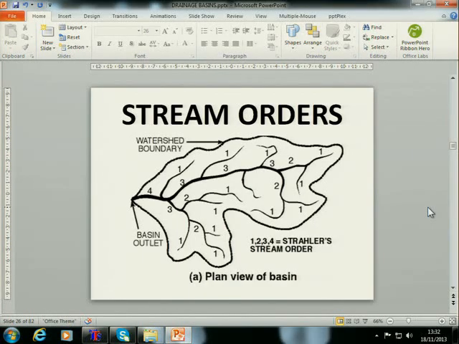Can everybody see? They will dry up, or they will become less because it is not raining as much. So what is going to happen now? Order 2 is going to be 1, 3 is going to be 2, so in the end we will only have an order 3 stream.